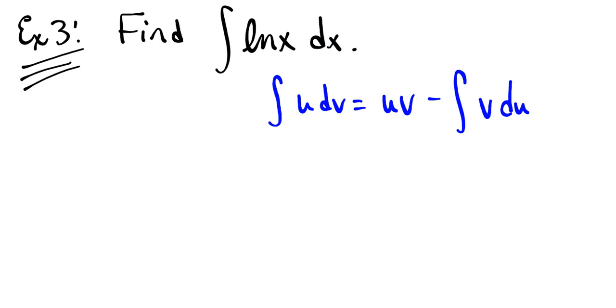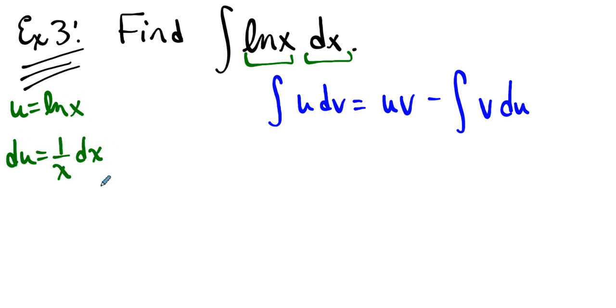Au contraire. Let that be u and let that be dv. If u is ln of x, its derivative is easy to find. And if dv is dx, then the antiderivative here is just x.